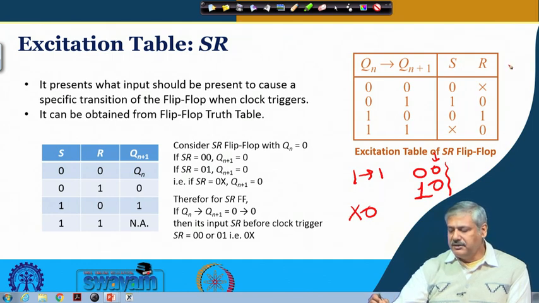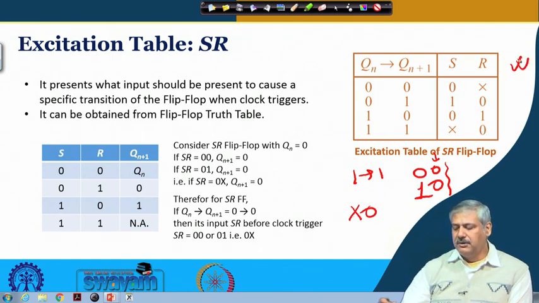So the excitation table of the SR flip-flop looks now something like this. It is a rereading of the truth table or characteristic table, putting it in a different manner. If the circuit has to move from one state to another, and the states are represented by individual elements which are flip-flops, then to make certain changes happen, what should be present at the input?